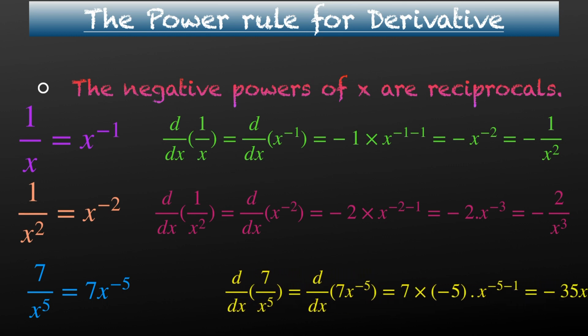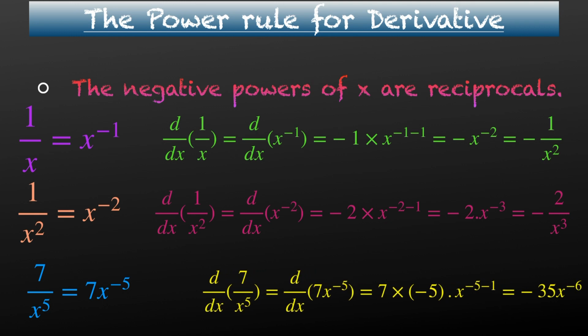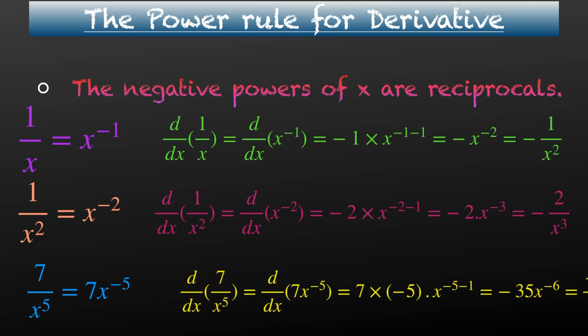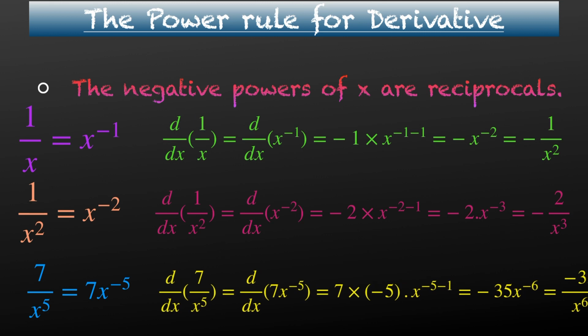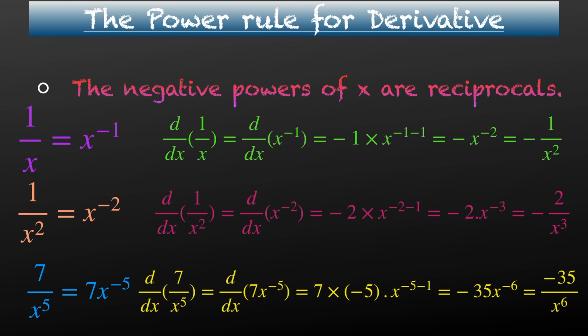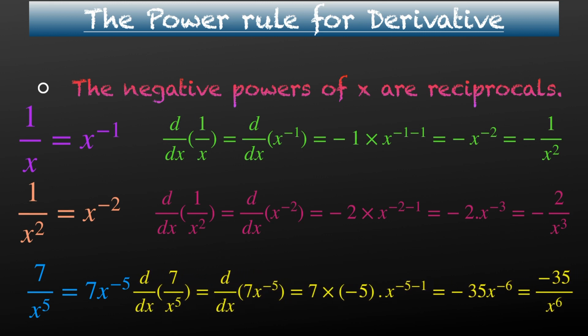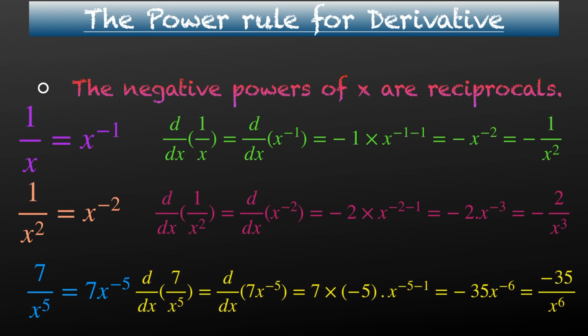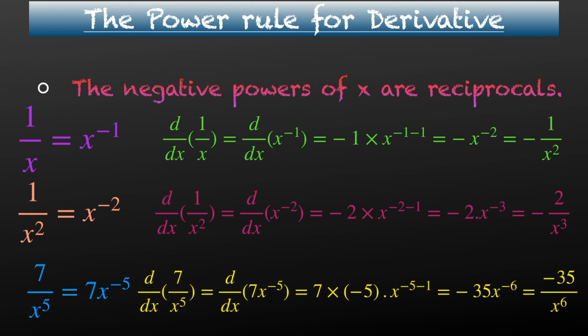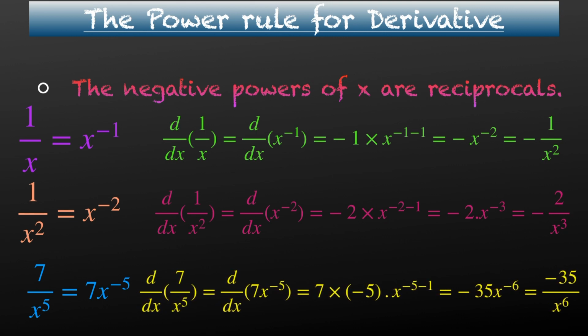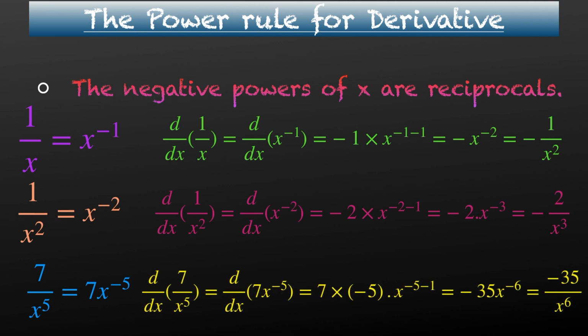For this, bring minus 5 up front, multiply it with x and the power goes down by 1, and you will get the expression minus 35 x raised to power minus 6. Now just simplify it. After simplification, the derivative of 7 over x raised to power 5 is equal to minus 35 over x raised to power 6.